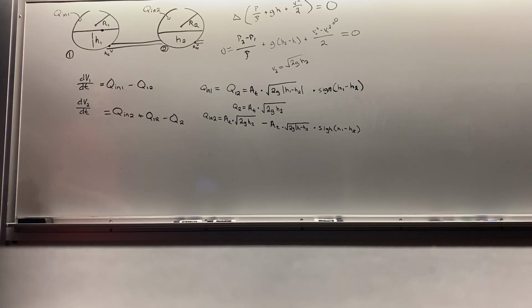How can we solve for our change in volume? Well, as we know, the volume of our spheres is going to be equal to the cross-sectional area times the height. So we know our heights, so how can we find our cross-sectional area?